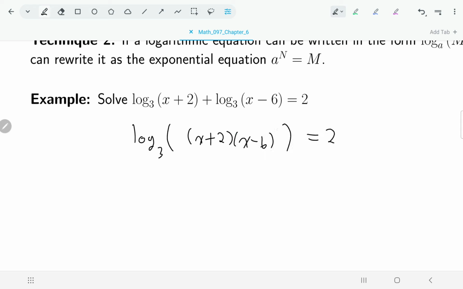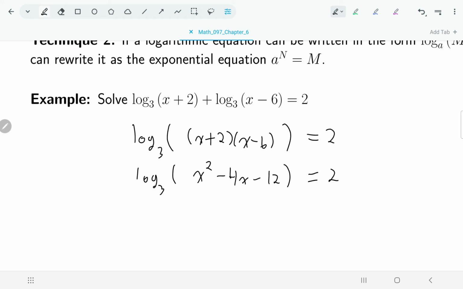That should be equal to 2. And if I wanted to just expand that, that would be log base 3 of x squared minus 4x minus 12, equal to 2.